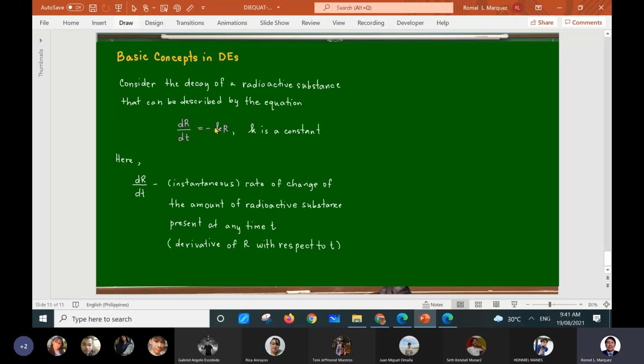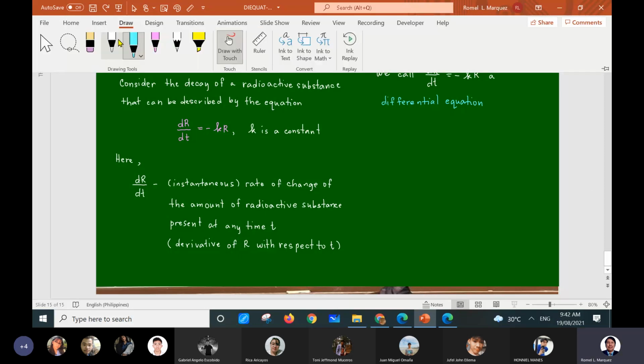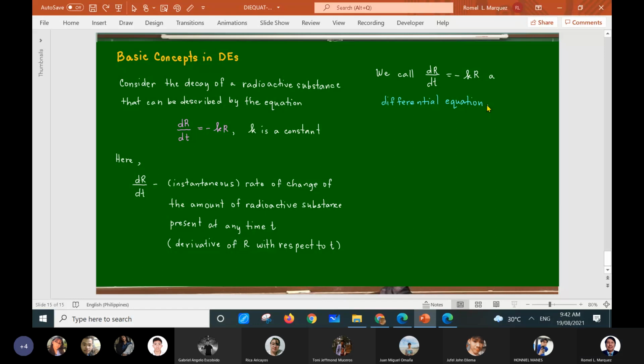We call this equation, the derivative of R with respect to t equals negative kR, a differential equation. So by now, you know at least what a differential equation is based on this example, right, guys? So what do you notice?